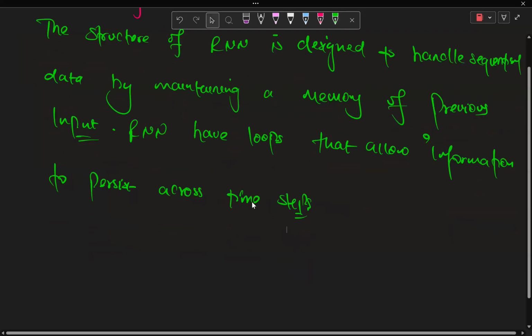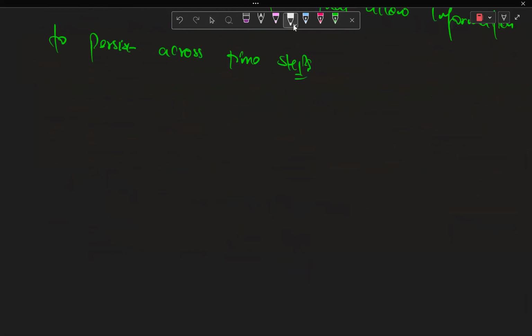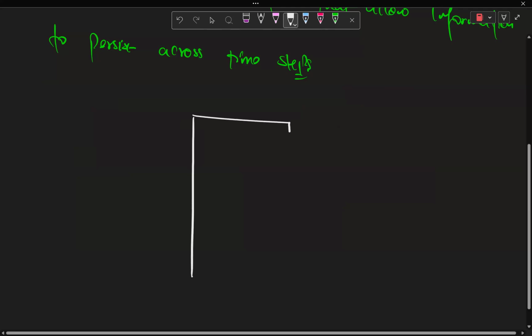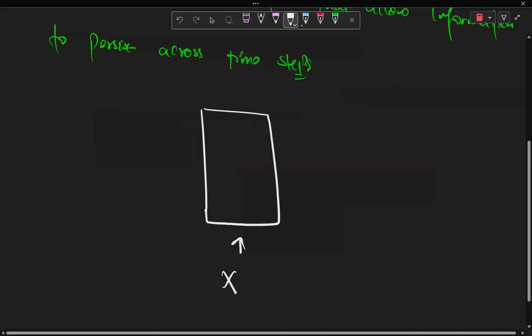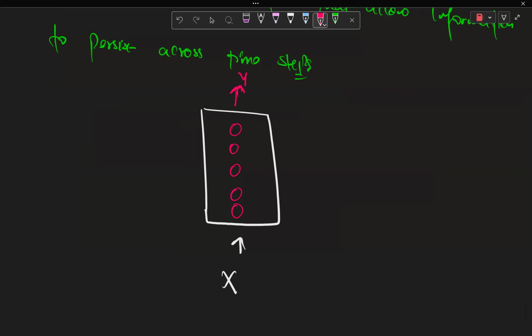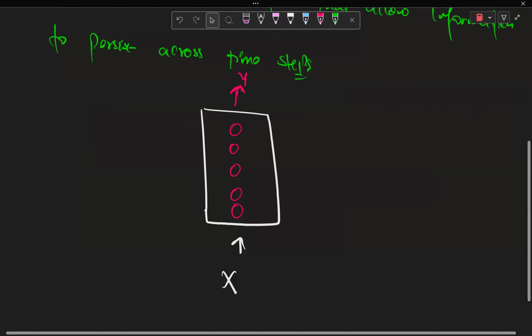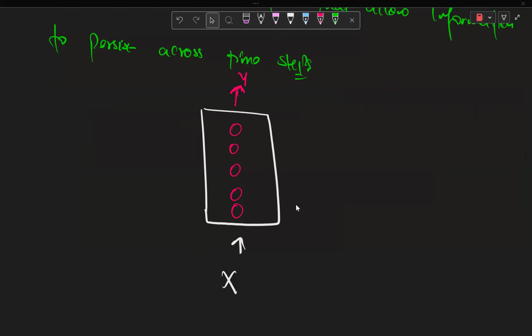So see, this is what the structure of RNN is. From this side, you have the input. And here you have a lot of neurons, you can say a kind of hidden layer, and this is your Y. So basically RNN has a loop structure, which helps it to persist the previous information that it has taken already in the format of input. This is the output.